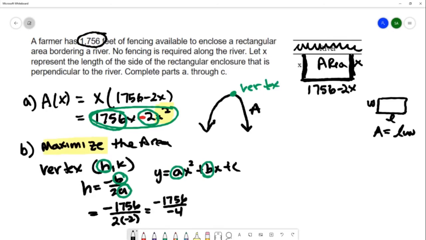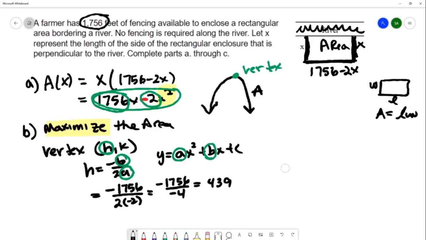And let's divide that out. 1,756 divided by 4 is 439, and that's a positive value. So that gives me, for this figure, this side here, 439.